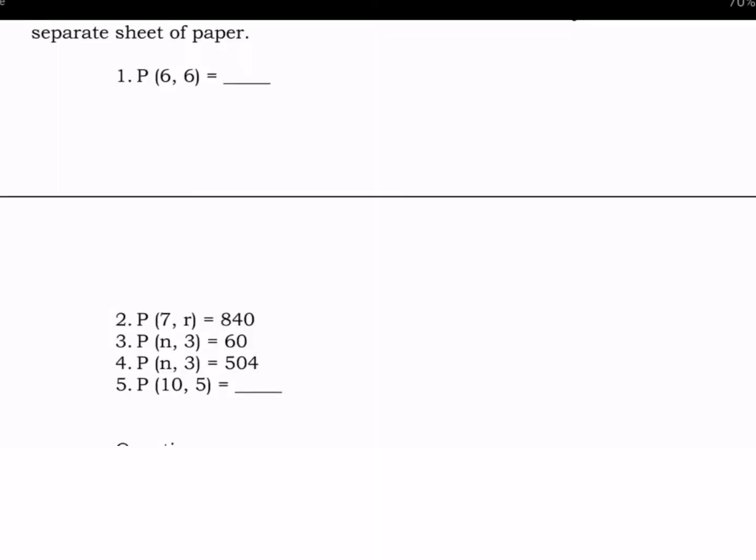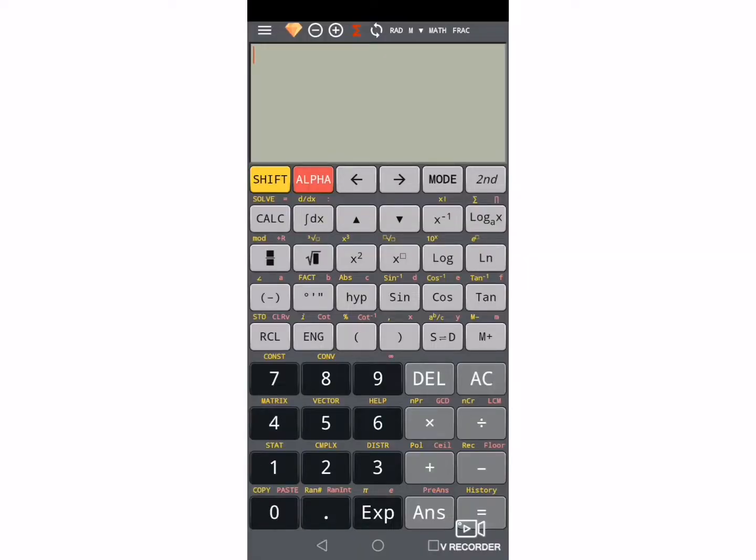For number 2, permutation of 7 taken r at a time is equal to 840. So the unknown is r. In this problem, the value of r is unknown, so with the help of the calculator, it's easy to find the value of r by applying trial and error.